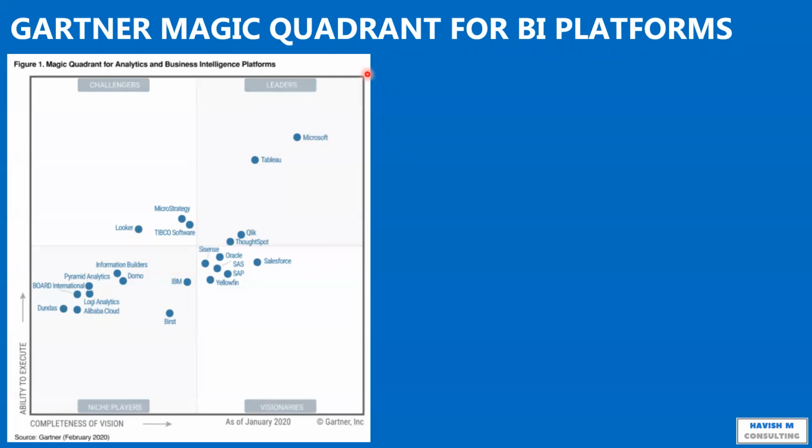Right? And it's not that every year this remains the same. If you look at 2015, there was no Power BI. I mean, Microsoft was still there because Microsoft has other tools as well. But after Power BI has come in, Microsoft has become very, very strong. If you go 10 years back when I was pursuing my MBA, IBM used to be the number one BI tool. It used to be somewhere here, IBM Cognos.